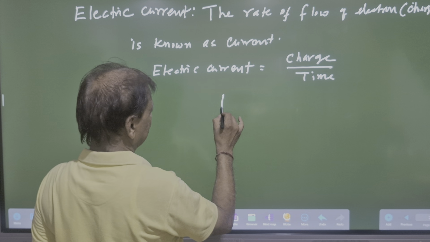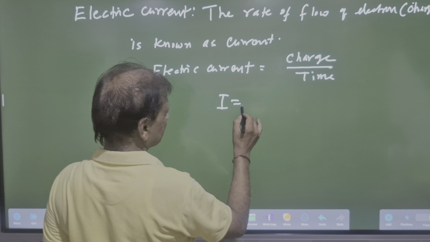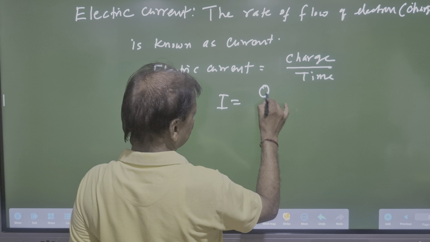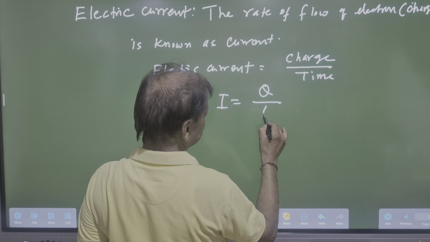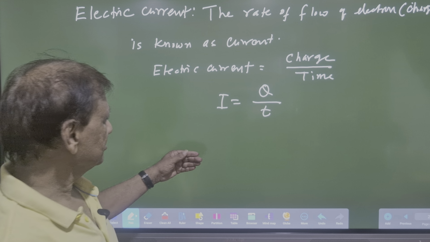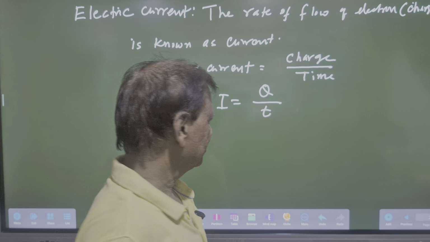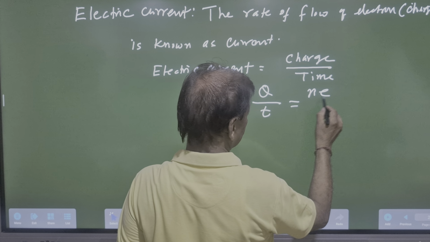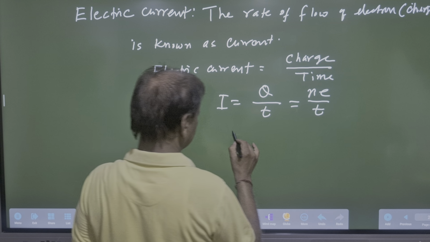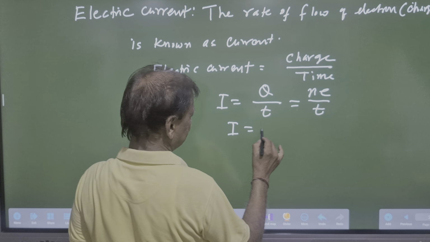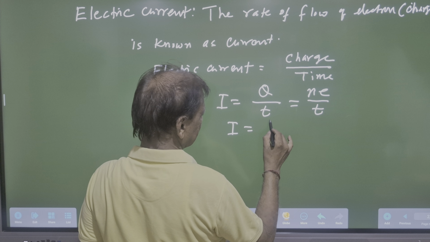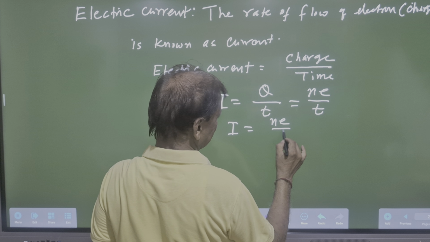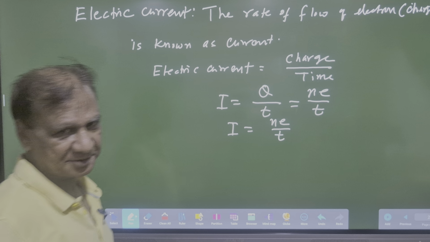So if we put current as I, and the charge symbol is Q and time is T, then I equal to Q by T, or we can write Q equal to ne. So what is current? I equal to ne by T. This is your formula to calculate current.